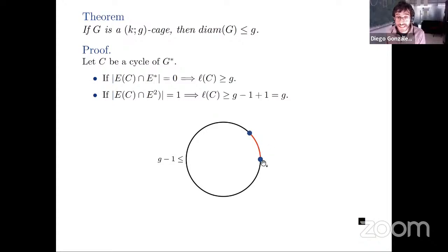And since the distance between these two vertices is g minus 1, by construction, the length of this cycle is at least this distance, which is at least g minus 1, plus this edge, which is g minus 1 plus 1, which is g. So the length of these cycles is at least g.